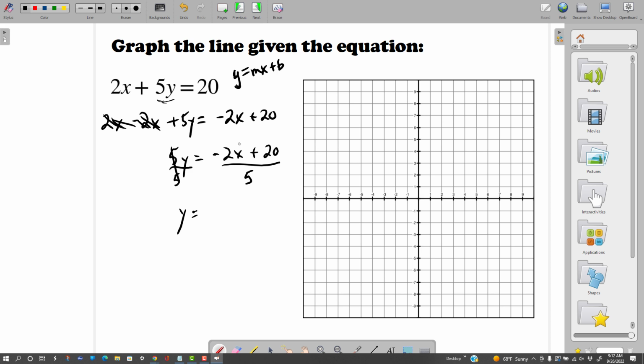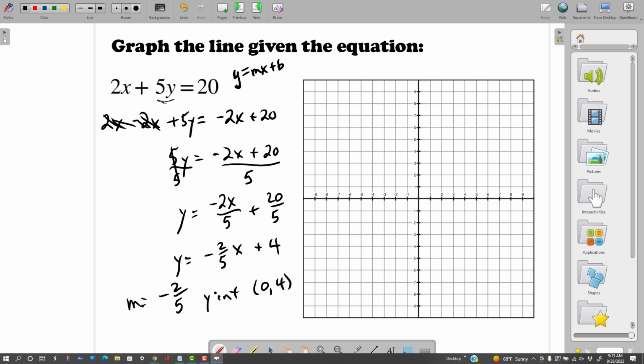Remember that when I have a fraction with a denominator, I can break this fraction up, and so this is really negative 2x over 5 plus 20 over 5. So I'm going to rewrite this as negative 2/5 x plus 4. 20 over 5 reduces. So my slope here is negative 2/5, and my y-intercept is the point 0, 4.